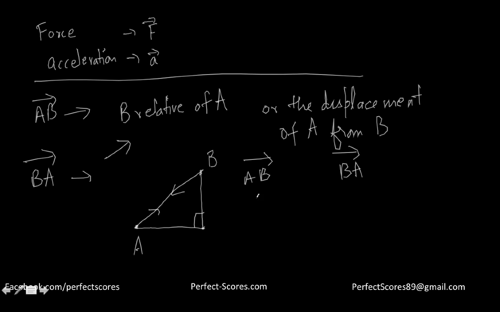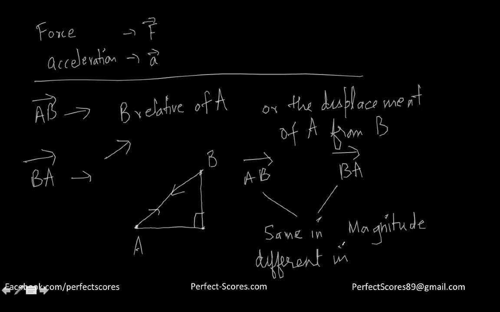As you can see, AB and BA are the same in magnitude, however, they are very different in direction.